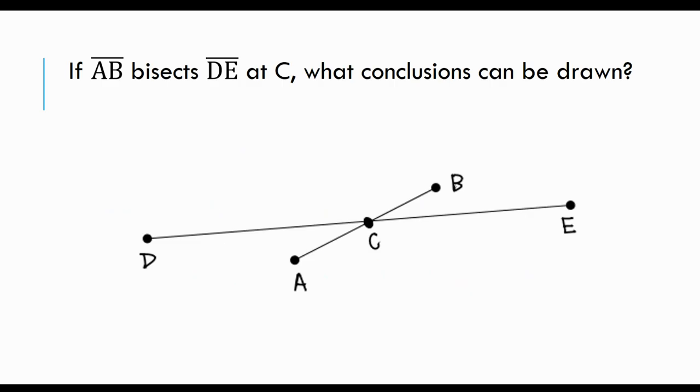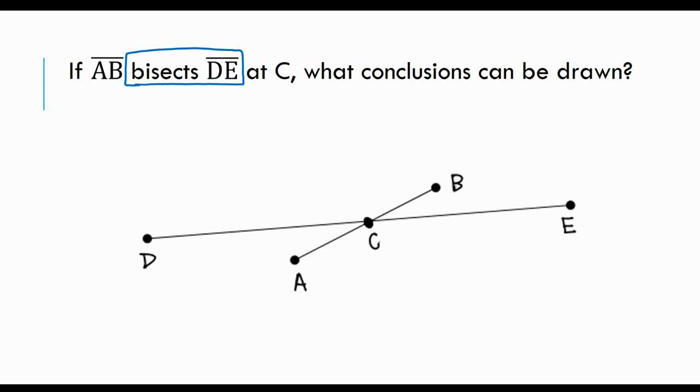So here I have a picture. It says if the segment AB bisects the segment DE at point C, what conclusions can be drawn? Very clearly, we're bisecting the segment DE. Even though there's this other segment AB, only the segment that comes after that vocabulary word is what's truly being bisected.